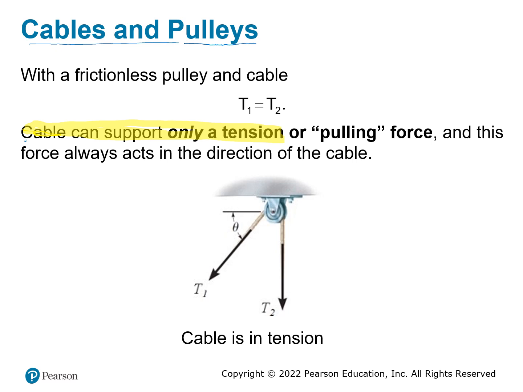And the second thing is that it's always in the direction of the cable. So if the cable is going vertical, that force should be vertical. It will not be horizontal. If the cable is not horizontal or vertical, it has a certain direction, like this cable here, then the force will be along this direction.